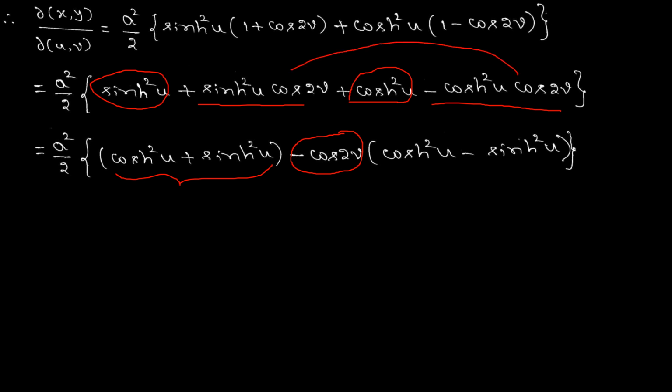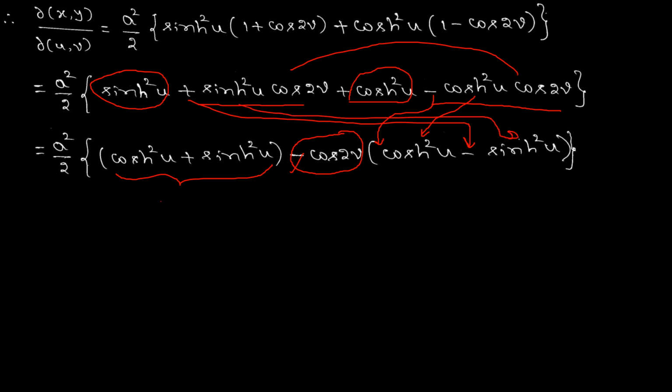When you take minus cos 2v outside, this minus becomes plus here, plus cosh square u, and this plus becomes minus here because we have taken minus outside. What remains is sinh square u.